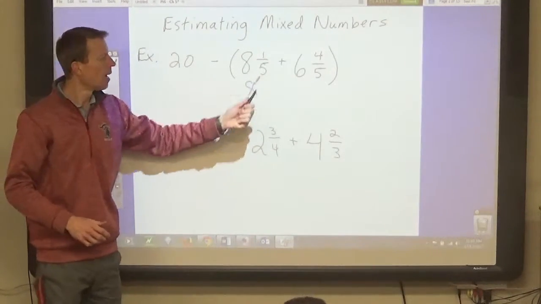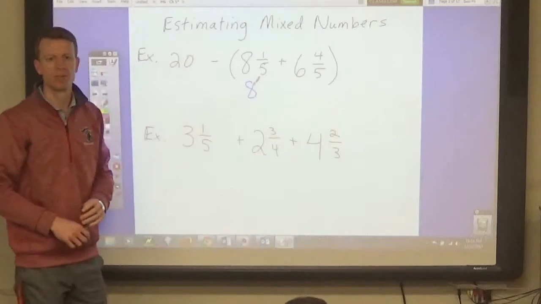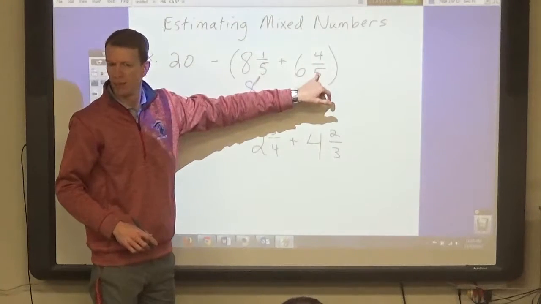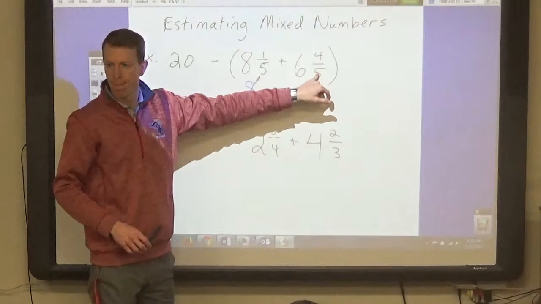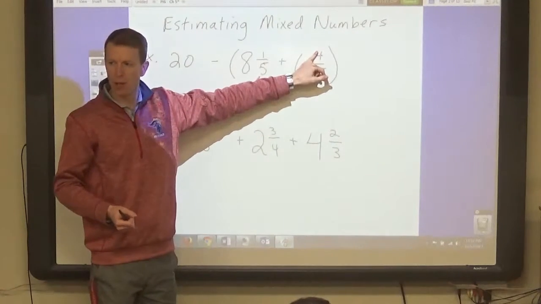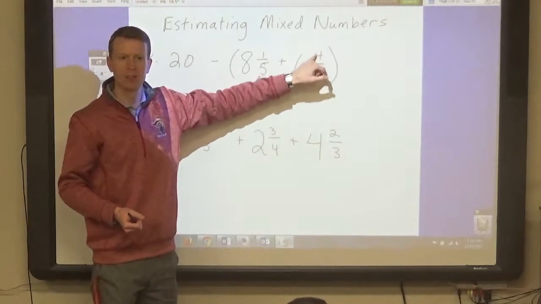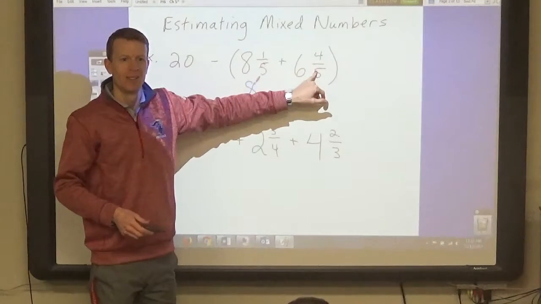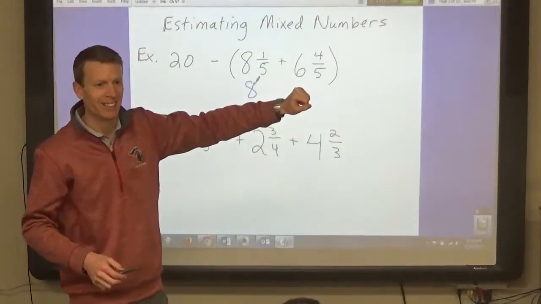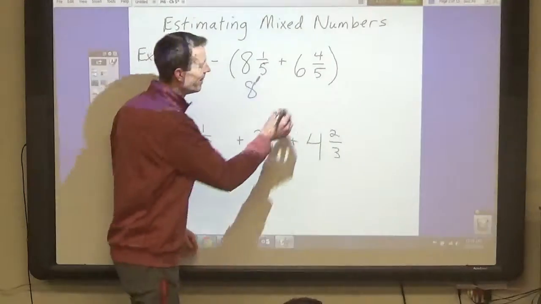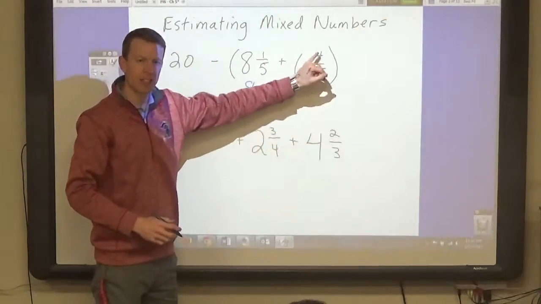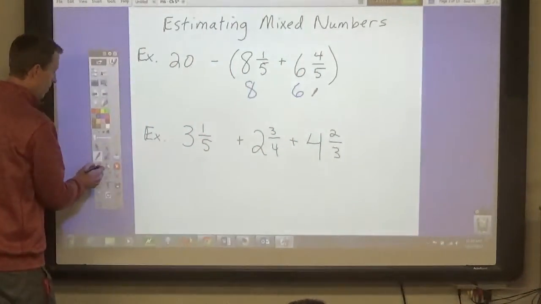Right? How about 6 4/5? What is 4/5 closest to? Is it closer to 0, to a half, or to 1? 1. Oh, okay, great. So 6 and 1 is what? What's the best estimate of 6 4/5 then? 7, right.